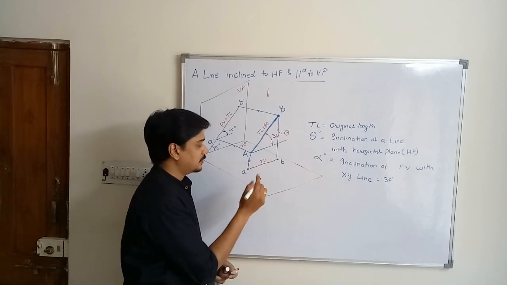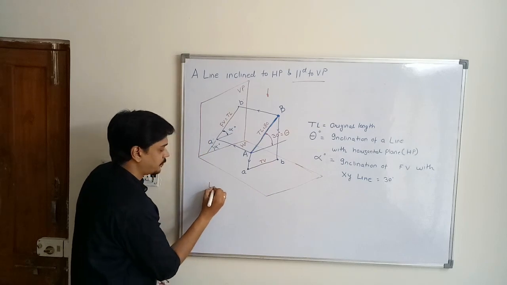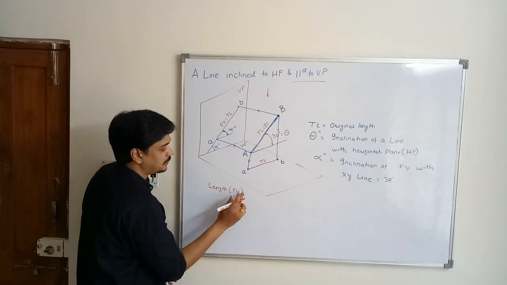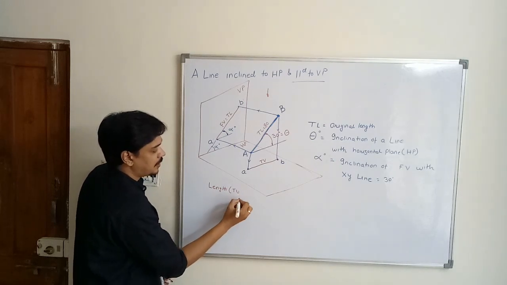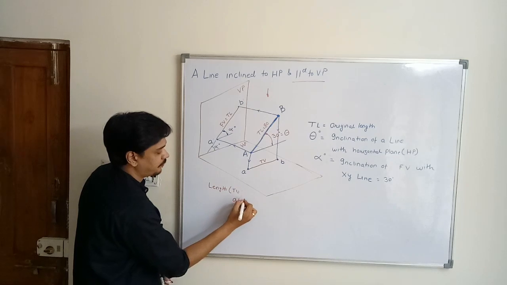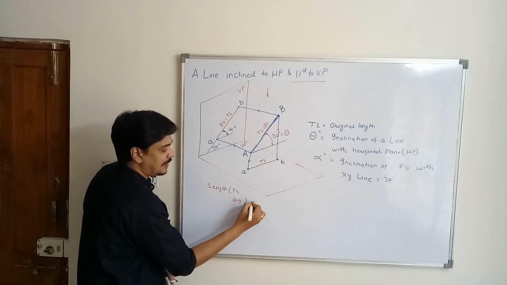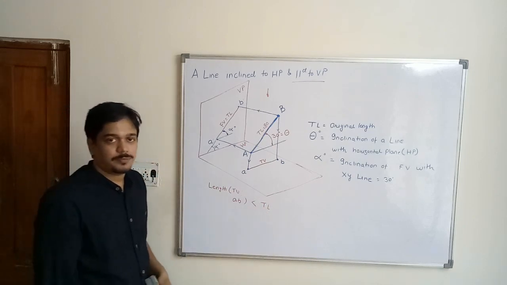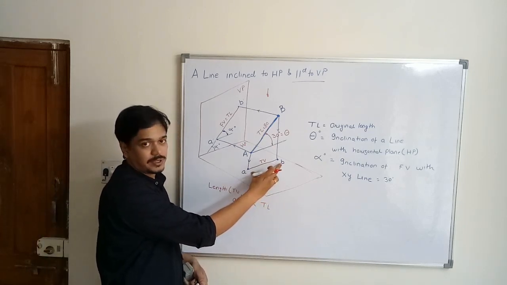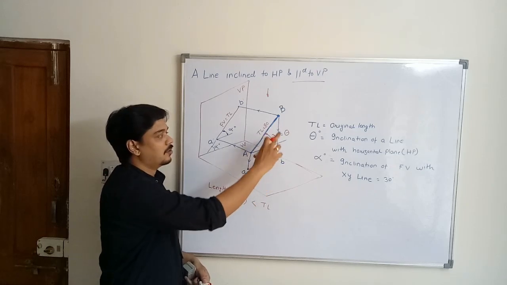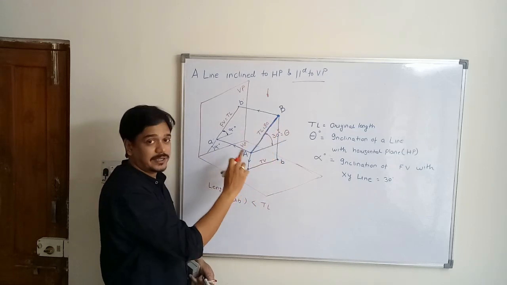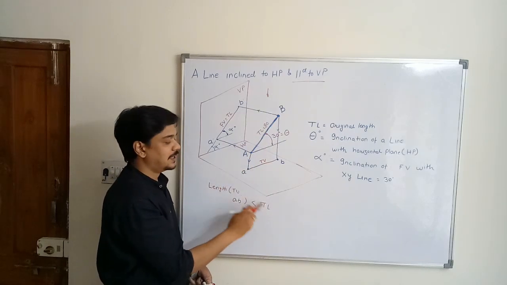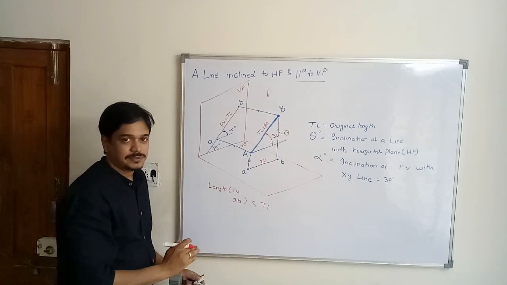So now if you measure the length of the top view, that is AB, you will find that the length of the top view will be less than the true length. If you measure the length of AB, you will observe that the true length of the line is 80. Why does it happen?